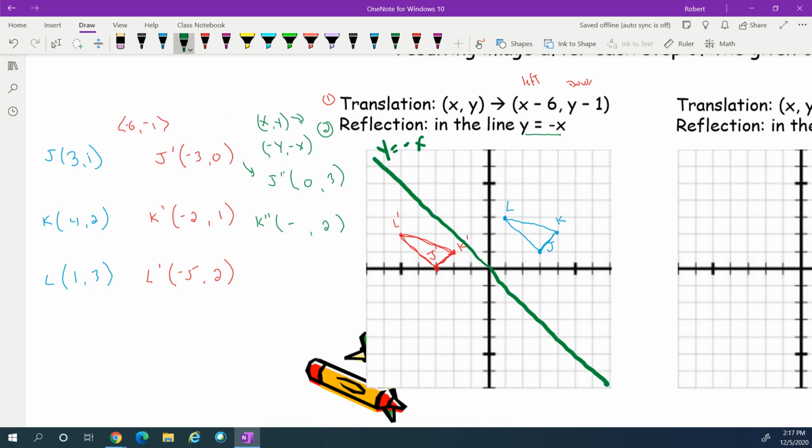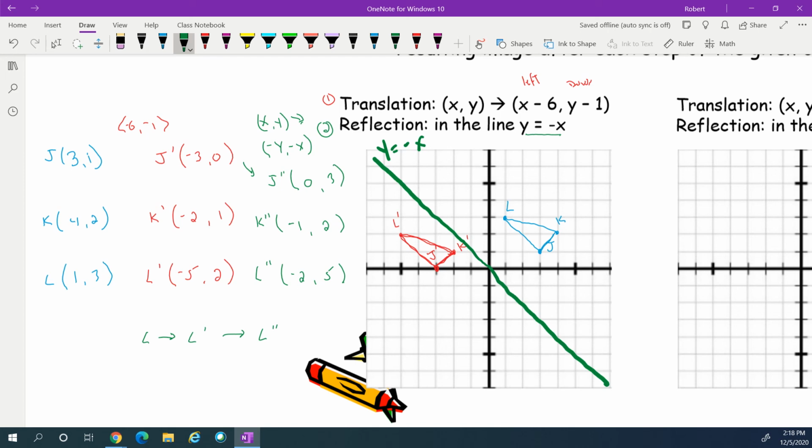The 1 comes up front and becomes negative. L double prime. Remember, a composition is step by step, so we never go back to the original. L prime becomes L double prime. The -5 goes to the back but turns positive. The 2 comes up front and turns negative. So again, L becomes L prime, and that becomes L double prime.